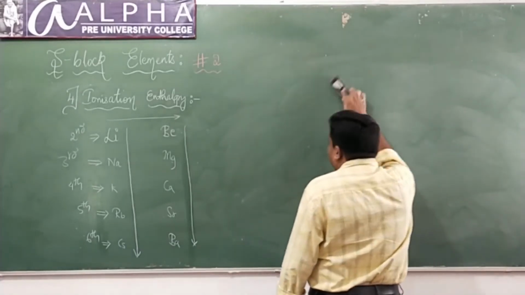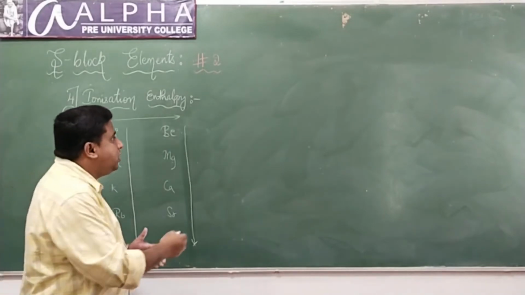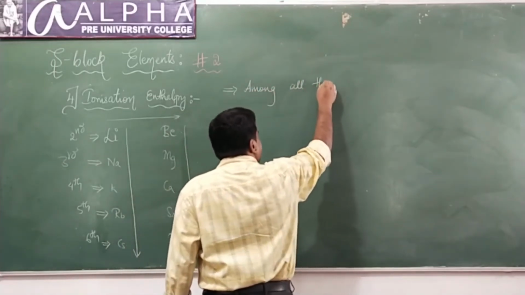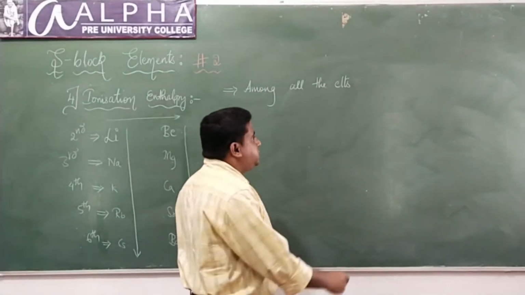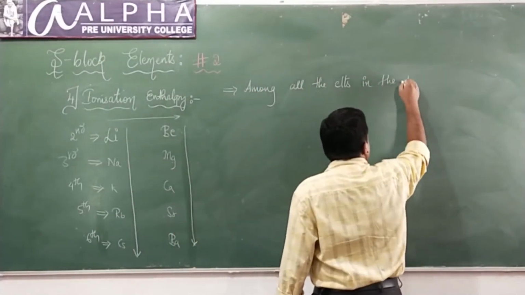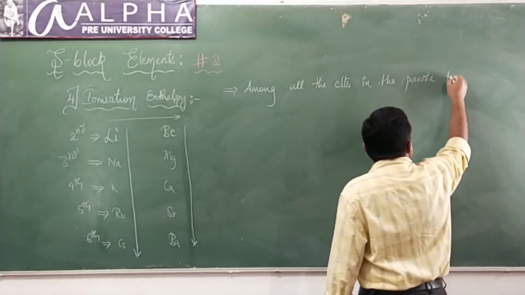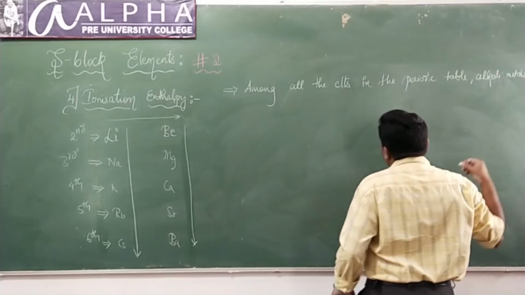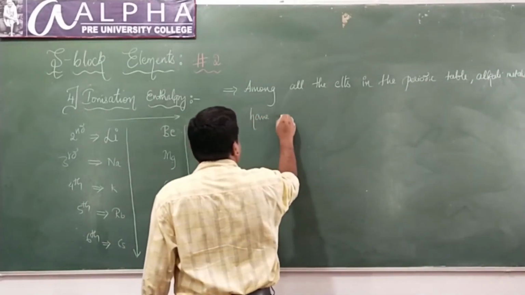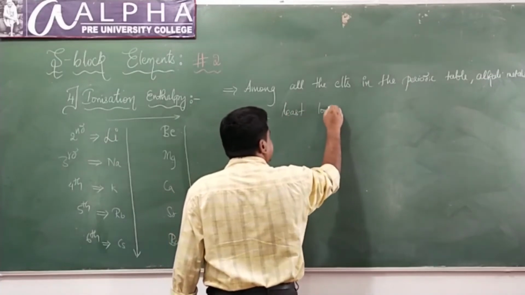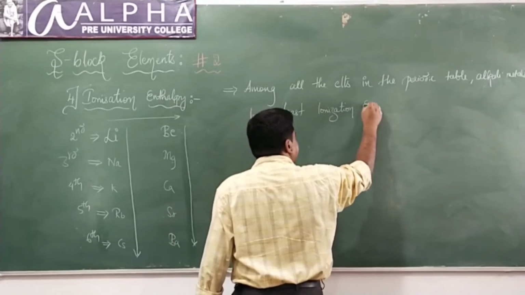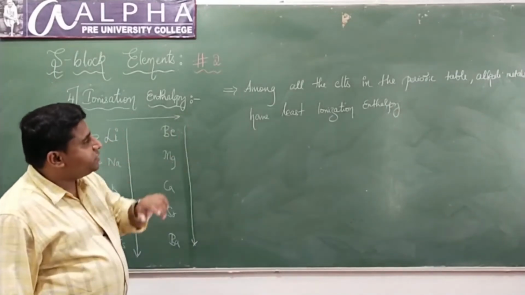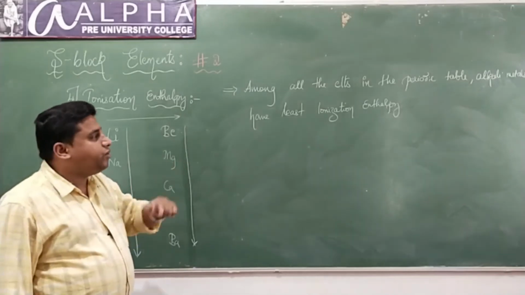Before that, note this point: among all the elements in the periodic table, alkali metals have the least ionization enthalpy. Understood?